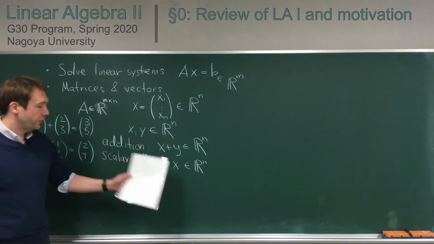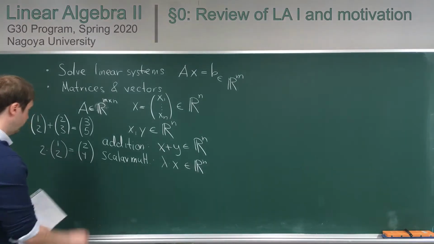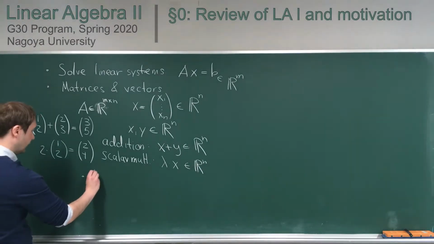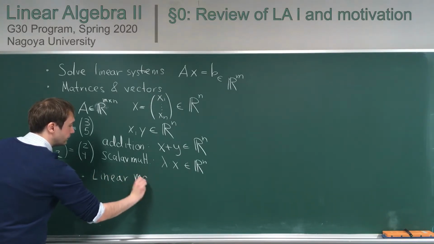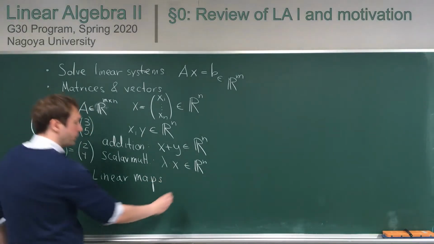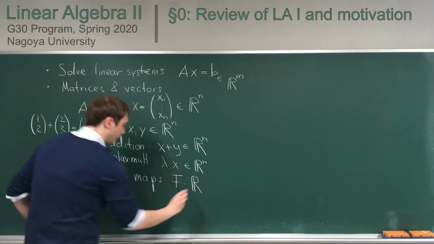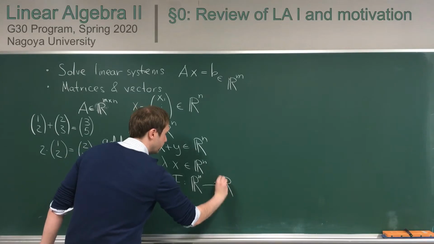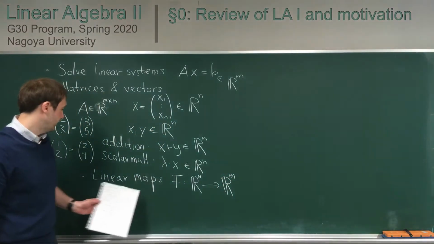And then using these operations, we introduced some objects. So for example, the next thing we studied were linear maps. And what was a linear map? A linear map was a map or a function from Rn to Rm. And this map should satisfy two conditions.